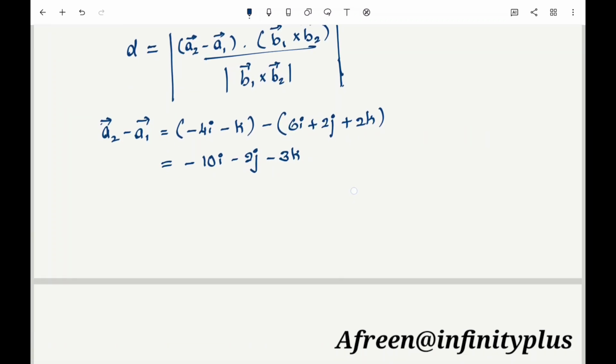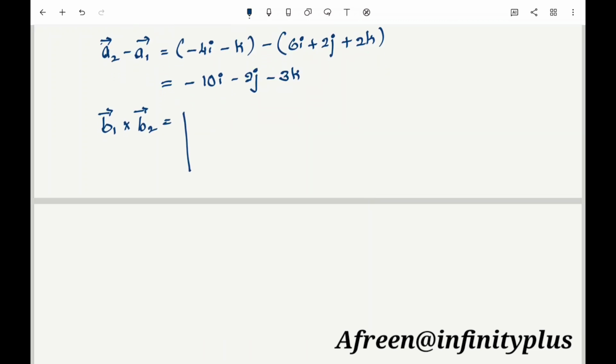Next we have to find B1 cross B2. This can be written in the determinant form. So cross product of two vectors can be taken in terms of determinant form. So I, J, K will be the first row always and second row will be the B1 vector and third row will be the B2 vector.